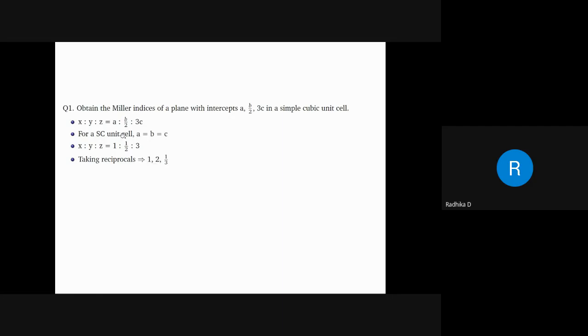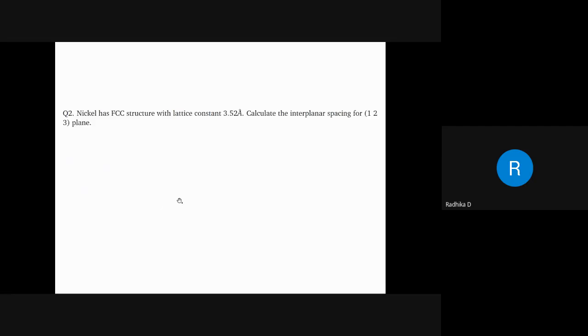It becomes 1, reciprocal of 1 by 2 is 2, reciprocal of 3 is 1 by 3. LCM is 3. Then multiply all the values with the LCM. You will get 3, 6, and 1. Put them all in brackets with some space. That is the Miller index. Moving on to the next question.